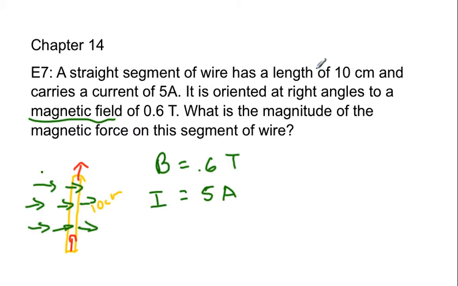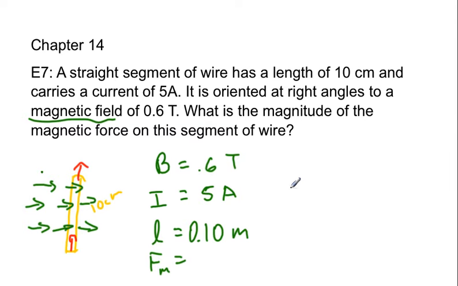The length, it's 10 centimeters. Let's make that meters. Okay, and we're looking for the force. There's the magnitude, magnetic force, so I'll put an M for magnetic force, F of M.